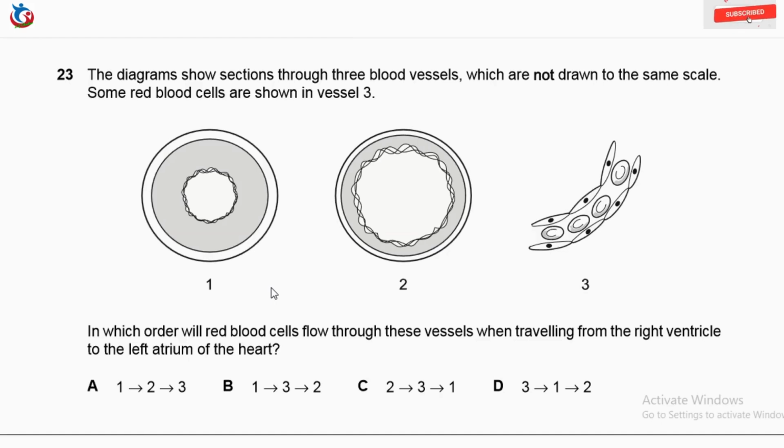The first vessel, vessel 1, has a very small lumen and a thick wall. The vessel with this kind of feature is the artery. The one with the large lumen and a thin wall is the vein. And this one containing the blood cells is the capillaries.